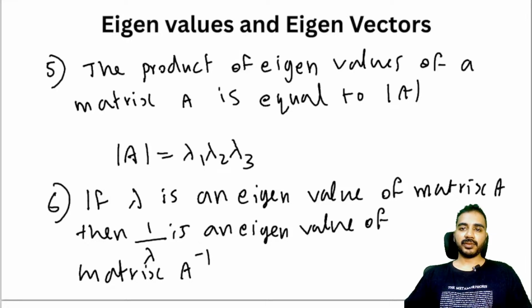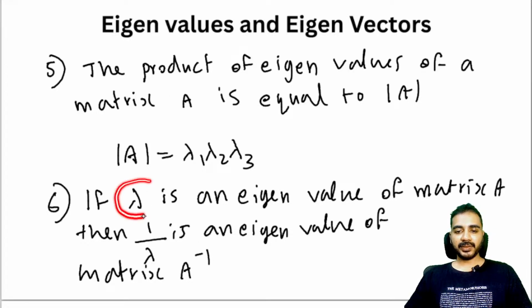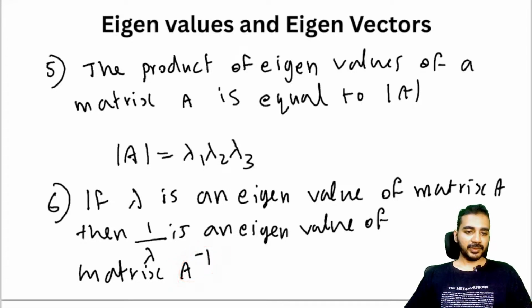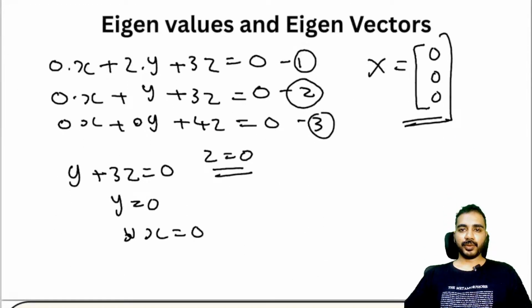Okay. So this is also important. If lambda is an eigenvalue of matrix A, then 1 by lambda is an eigenvalue of matrix A inverse. This is the sixth property.